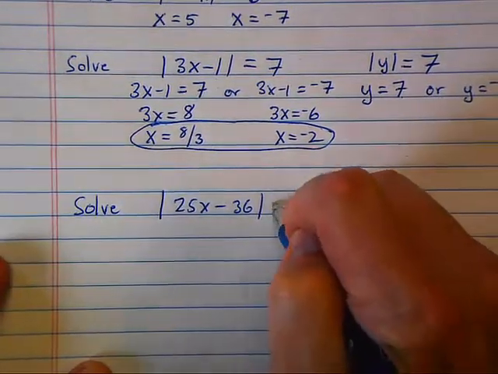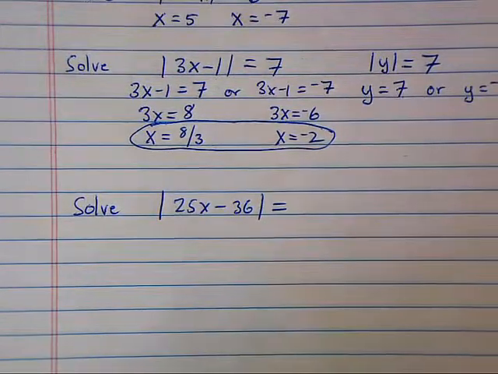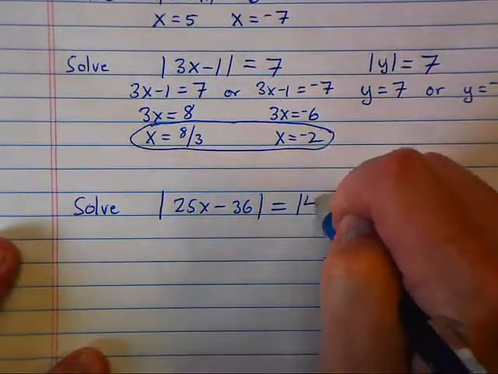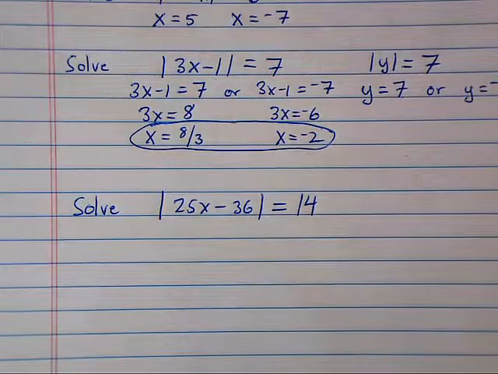Equals, what do we want it to equal? Make up a number. Doesn't matter. 14. Usually these problems aren't going to have real big numbers. I mean, there's not usually going to be anything in the thousands or anything like that. They'll be fairly small.